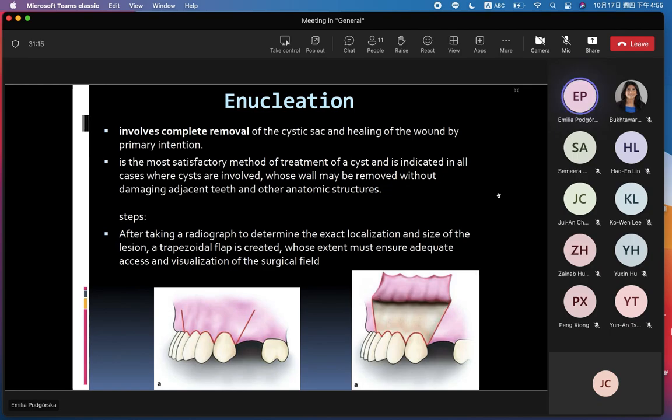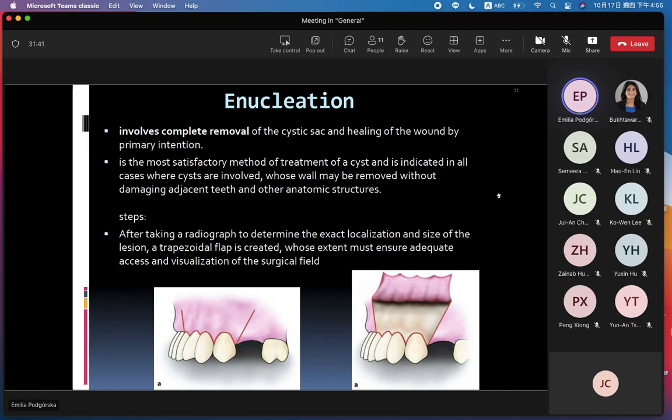It involves complete removal of the cystic sac and healing of the wound by primary intention. It is the most satisfactory method of treatment of cysts, and it's indicated in all cases where cysts are involved, whose wall may be removed without damaging adjacent teeth and other anatomic structures.